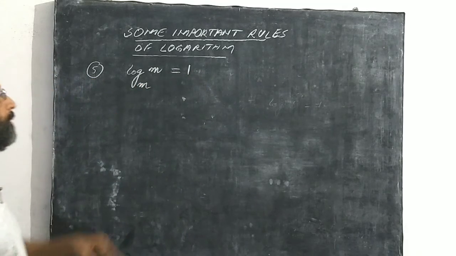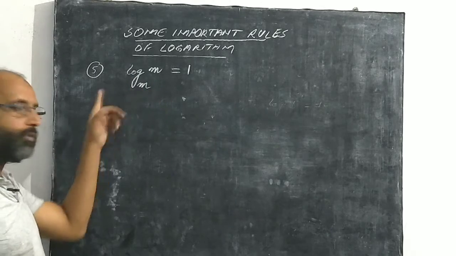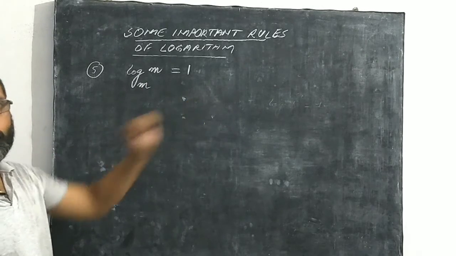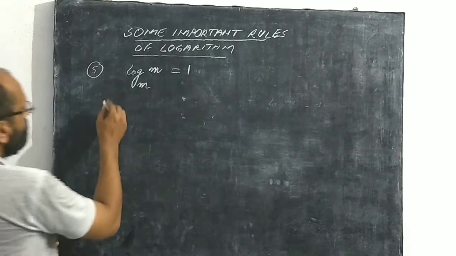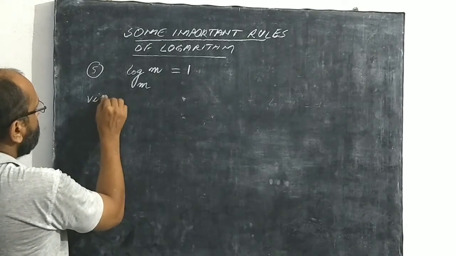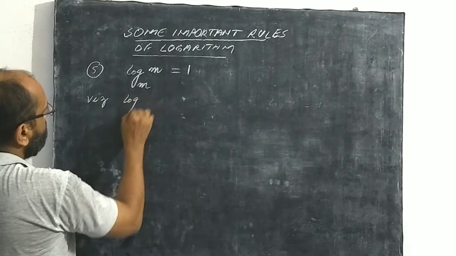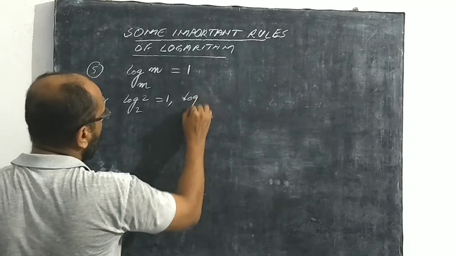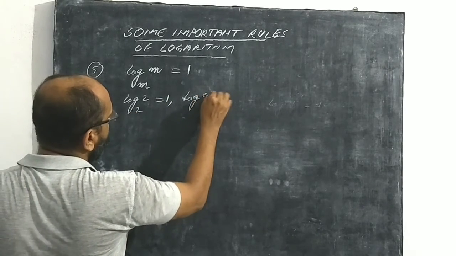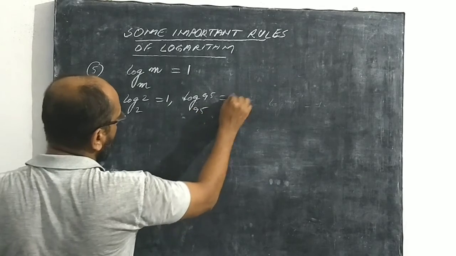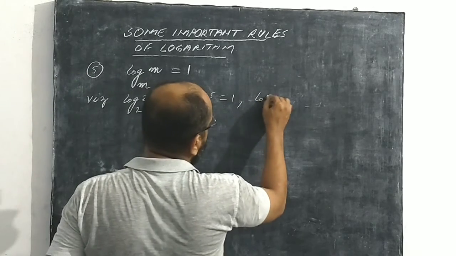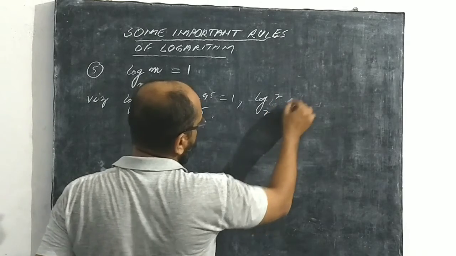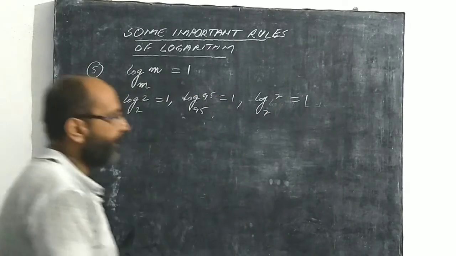It means when the number whose log is to be taken and the base of the log are identical, the value of the log is always equal to 1. So, for example, log 2 base 2 is equal to 1. Similarly, log 95 base 95 is equal to 1. You may take any number, but if the same number is taken in these two places, the value of log is 1.